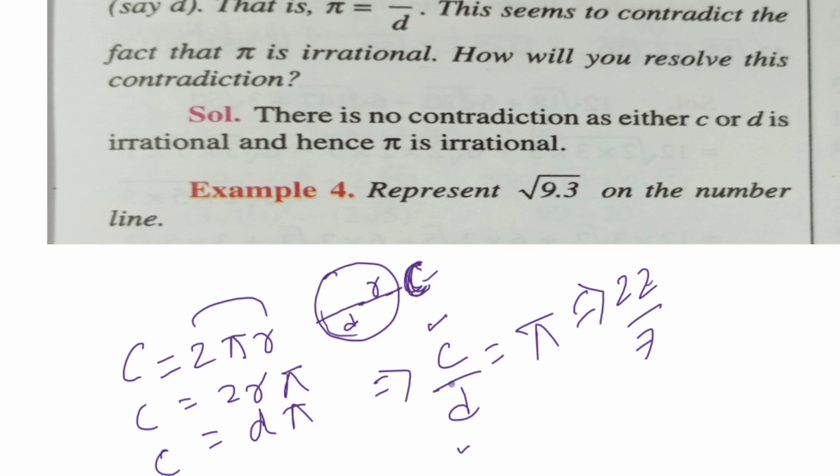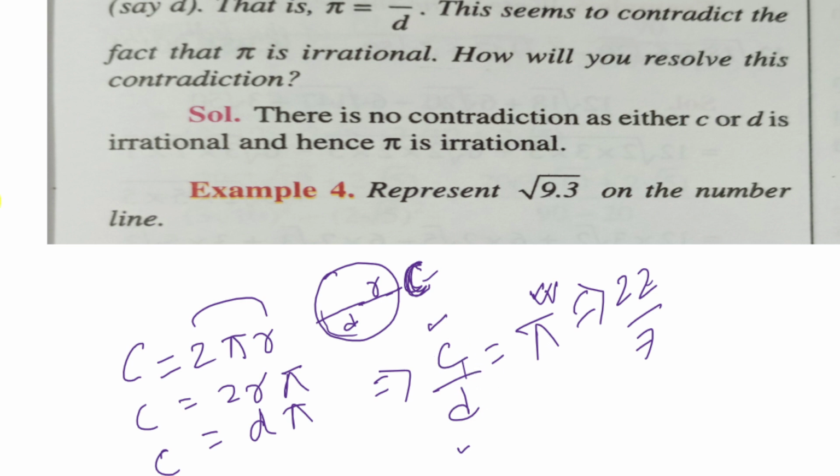So there is no contradiction, because since pi is irrational, either C or D, any one of them is irrational, because we know division of rational number and irrational number is an irrational number.